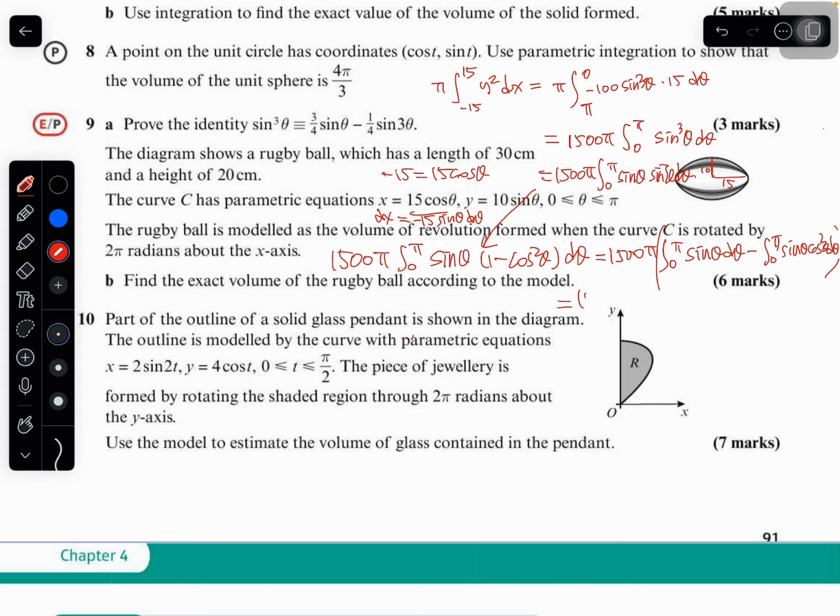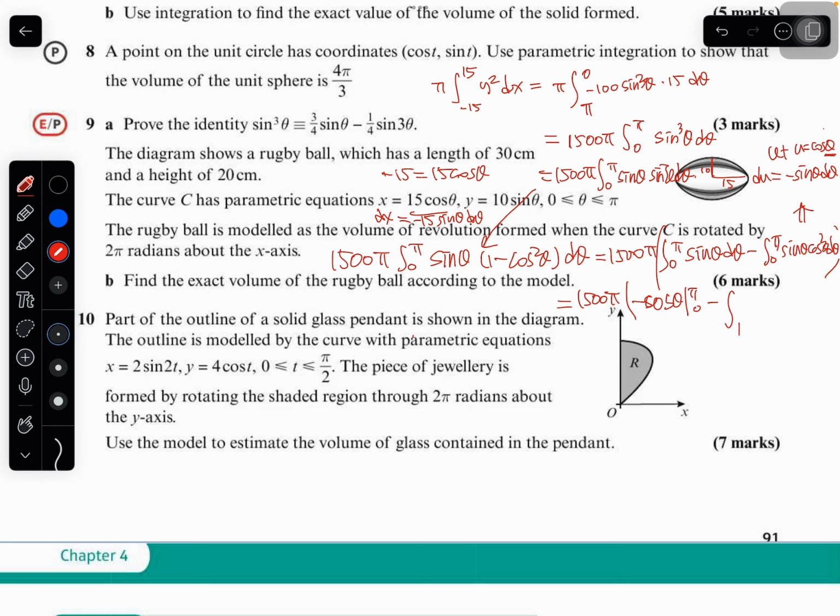So the first one is just normal integration: negative cos theta from pi to 0. Minus this one, let u become cos theta. Then du becomes negative sine theta d theta. And the boundary, when theta equals 0, u equals 1.